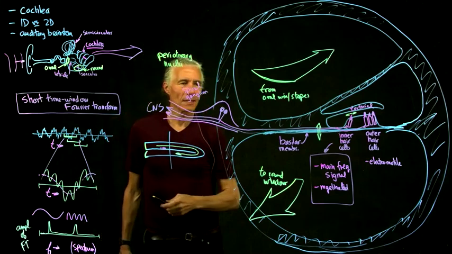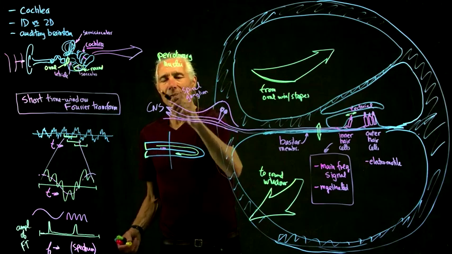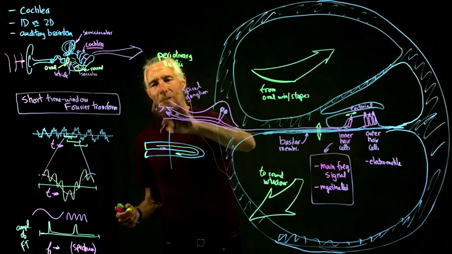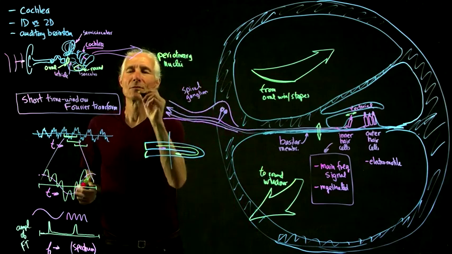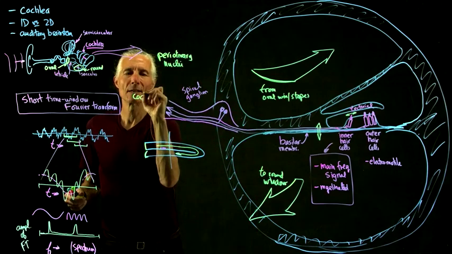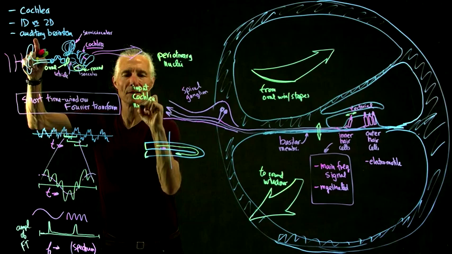And so these guys actually come out of the CNS. These cells are going to the cochlear nuclei. Those are the input cochlear nuclei. We'll talk about those down here.